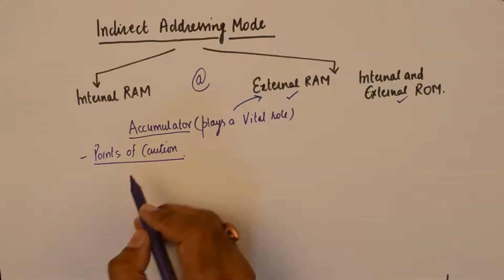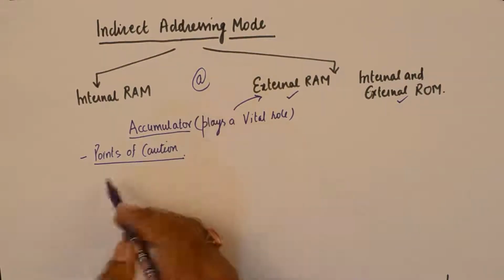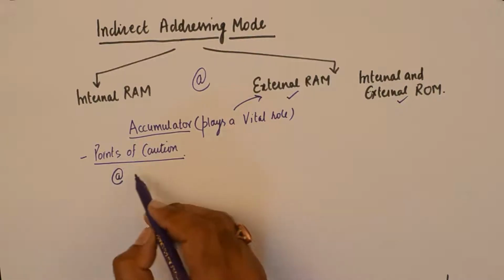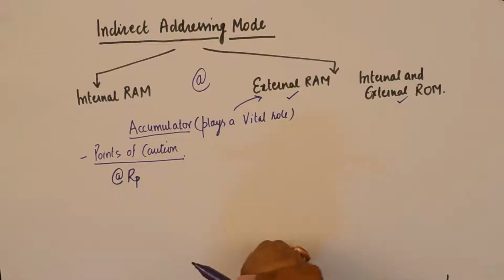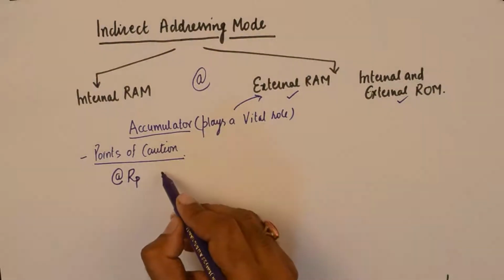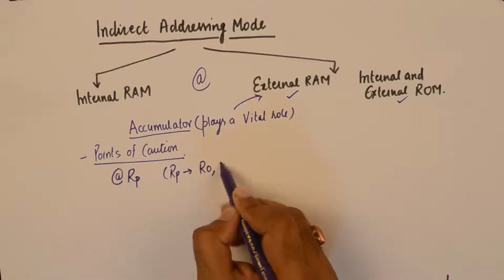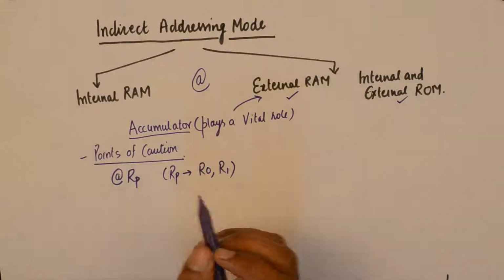Indirect addressing is used by adding the symbol @ along with RP, and RP can only be R0 and R1. This is the first point of caution.